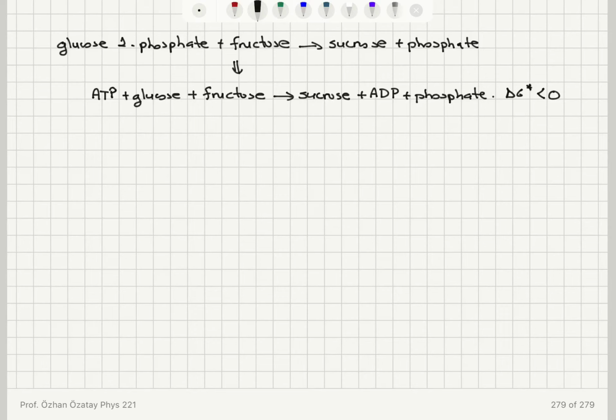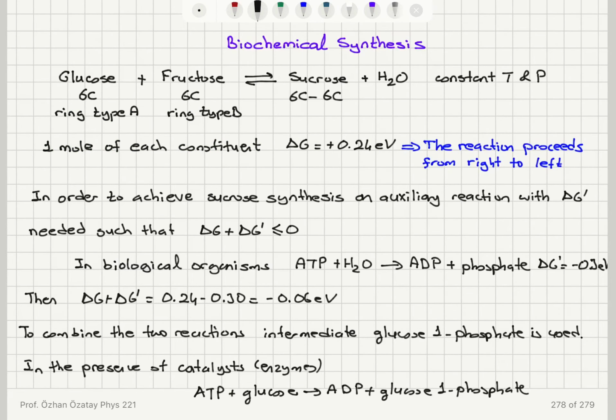Similarly, if you think about other biological macromolecule syntheses, it's the same way nucleic acids can produce DNA, or amino acids can produce proteins. So basically what makes life possible is the fact that we have this principle of entropy compensation.